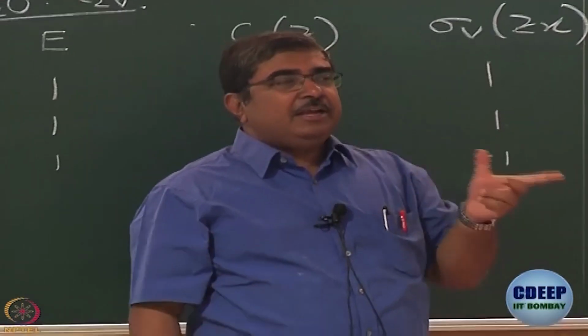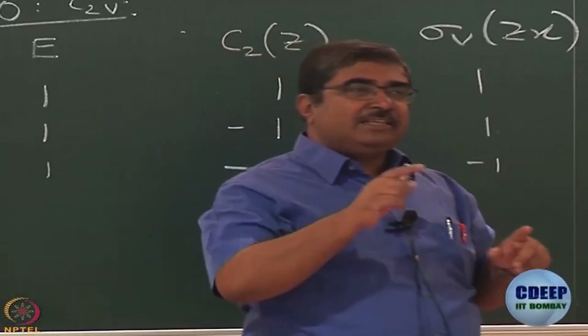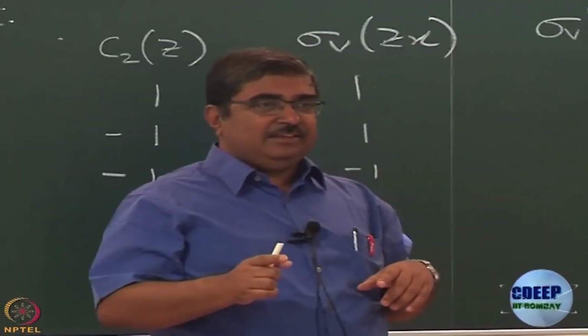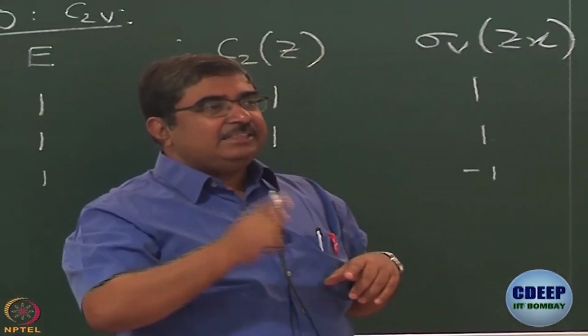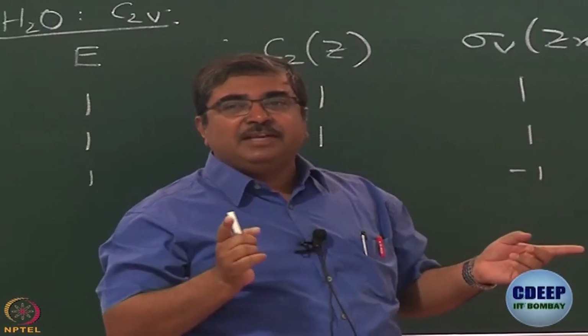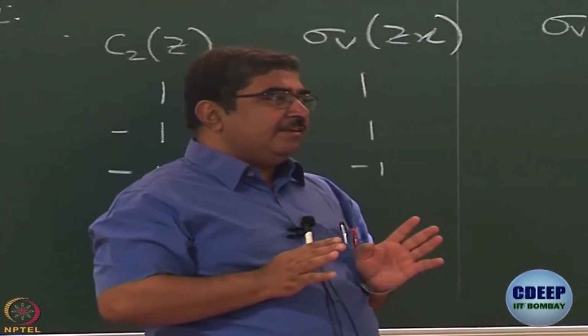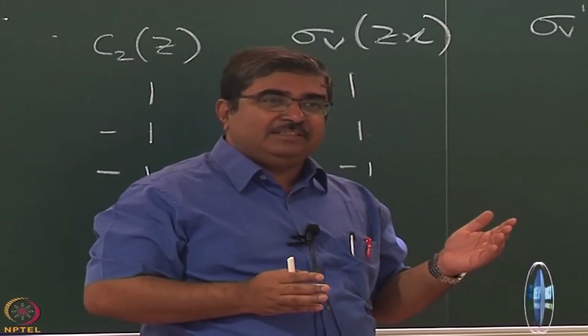When we talked about rotation by some angle theta, you saw that the matrix turns out to be something like cos theta, sin theta, minus sin theta, cos theta. This sin theta is the contribution of y in transformed x or x in transformed y, and then it is minus sin theta. That is the significance of diagonal and off diagonal elements.